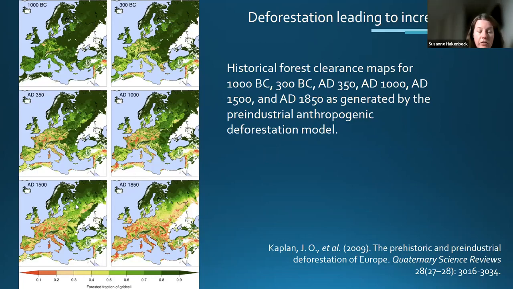And this is deforestation that coincides with the Roman period. So deforestation for the purpose of building material, for land clearance, and for fuel requirements.